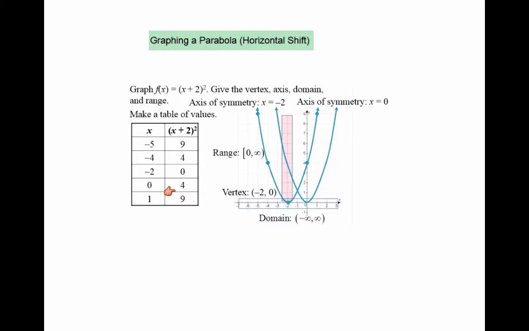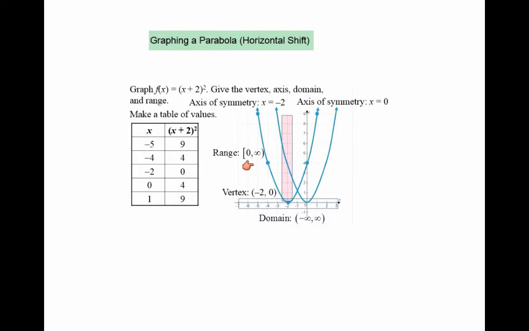So this is how you can see my parabola passes through this point right there. So if x is equal to 0, y is equal to 4. I'm sorry, (0, 4), which is right there.